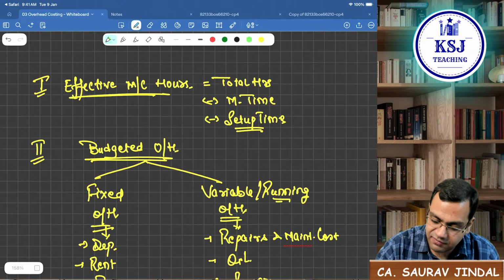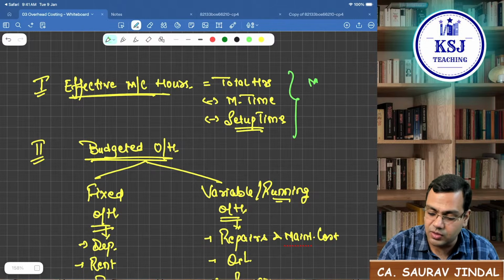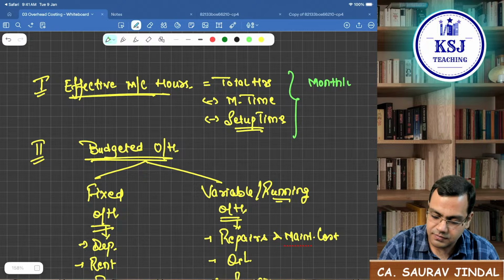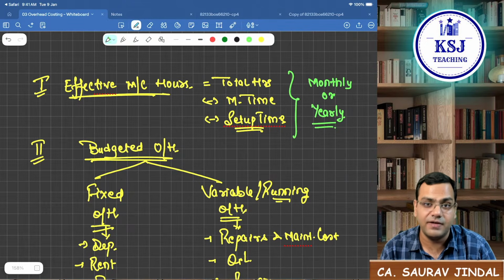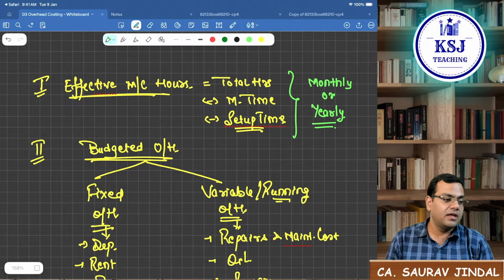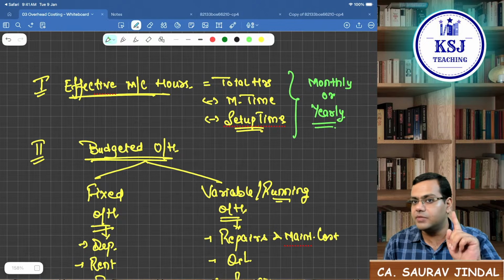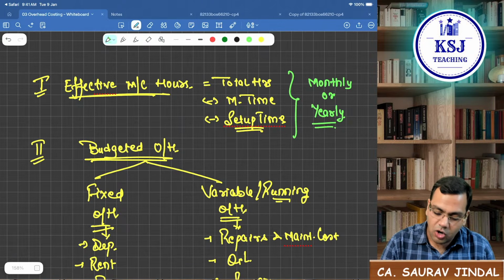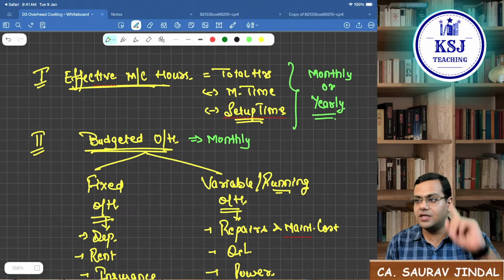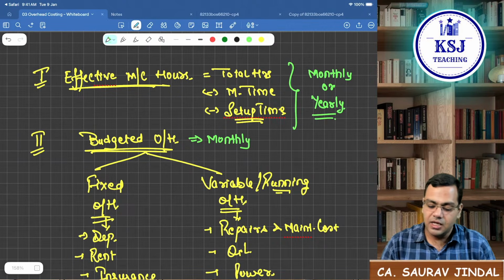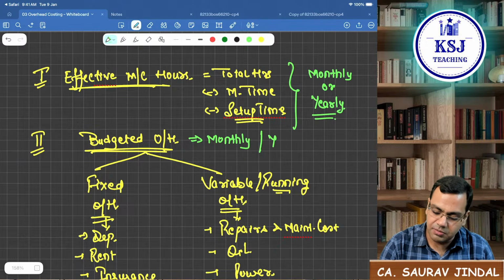Whether you are calculating the effective machine hours monthly or yearly: if you are calculating monthly, all your budgeted overheads should be monthly. If you are calculating the effective machine hours yearly, all your budgeted overheads should be yearly.